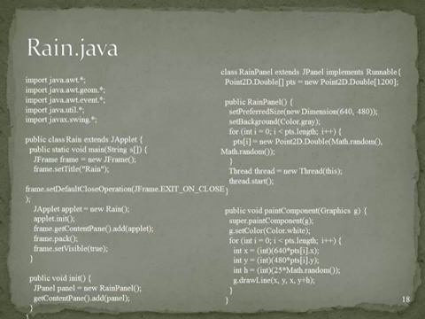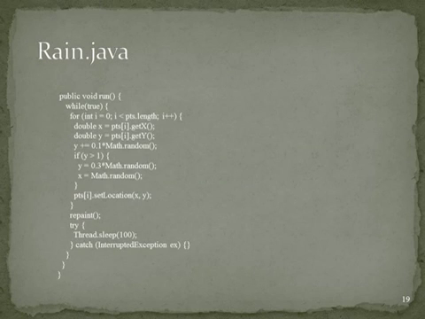After the array is updated, the repaint method is called to redraw the panel. The thread then goes to sleep for 100 milliseconds. An instance of RainPanel is placed in the applet Rain. A standard main method is included to run the animation application.